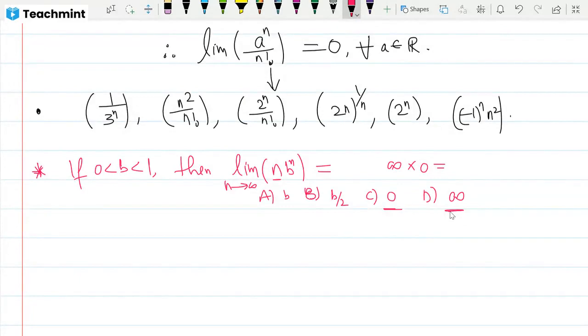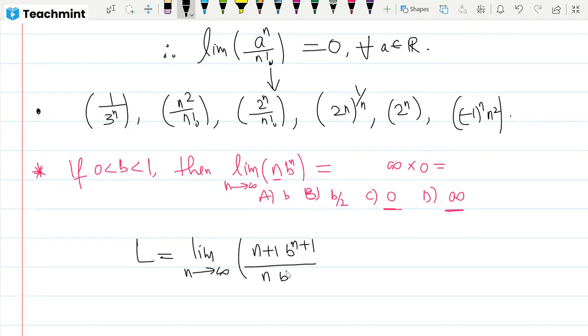So you can use the ratio test for sequences for the same problem. You calculate the limit as n tends to infinity of x(n+1) over x(n), so you need to write (n plus 1) into b power (n plus 1) over x n, which is n into b power n. Agree? So this is b times limit (n plus 1) over n, and this limit is 1.